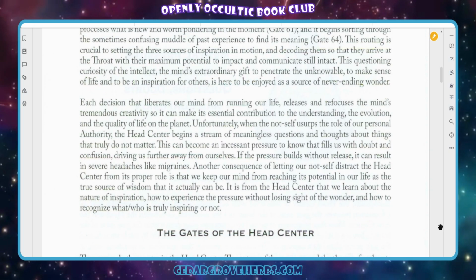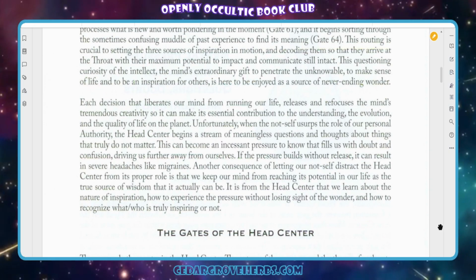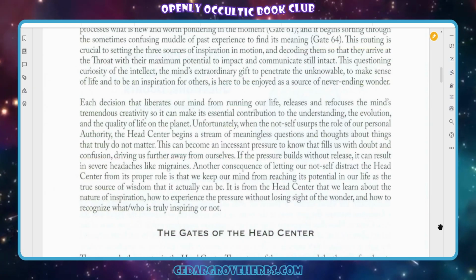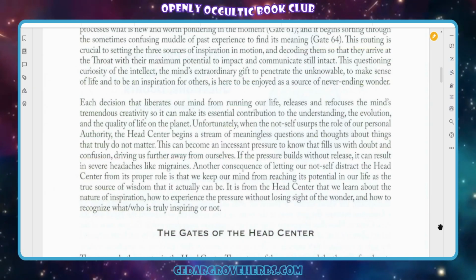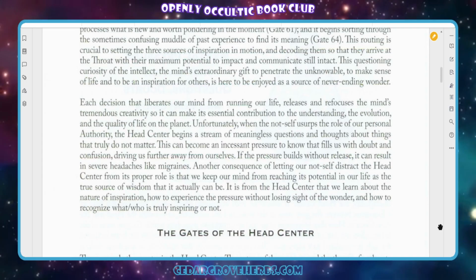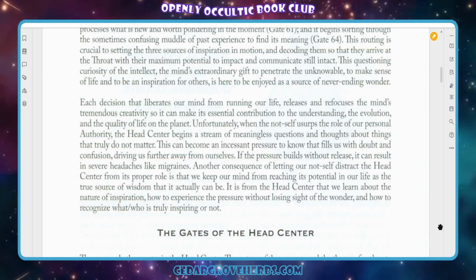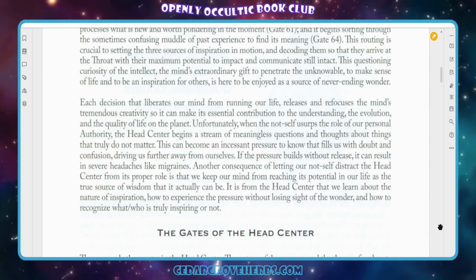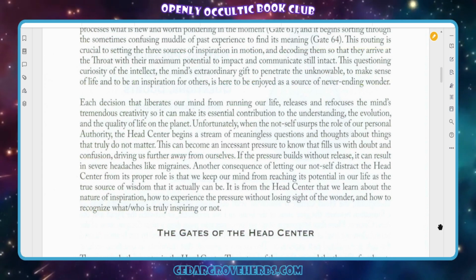Each decision that liberates our mind from running our life releases and refocuses the mind's tremendous creativity so it can make its essential contribution to the understanding, evolution, and the quality of life on the planet.